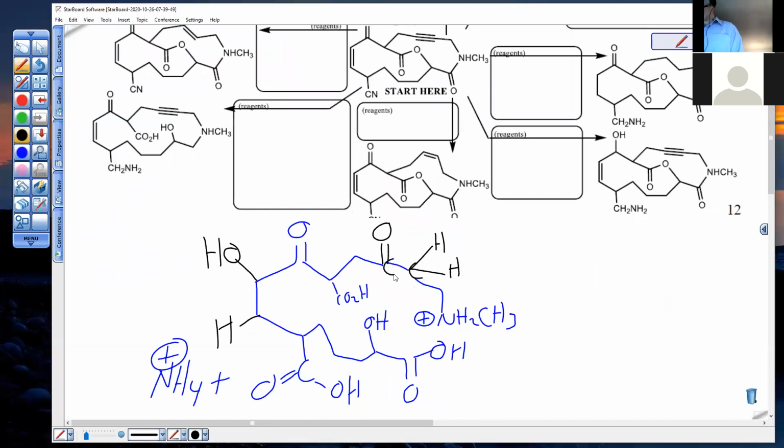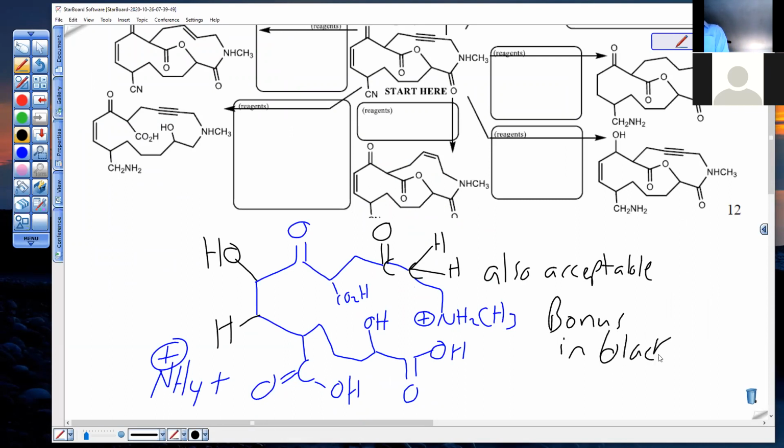This used to be an alkyne. I would accept that answer as well. I'd give probably 1 point bonus for the black additions, because that's hydration of alkenes and alkynes.